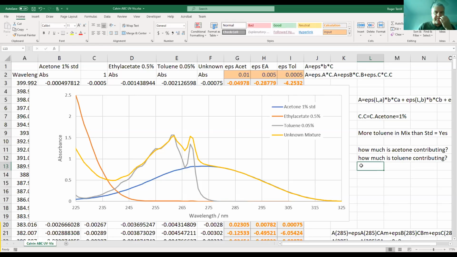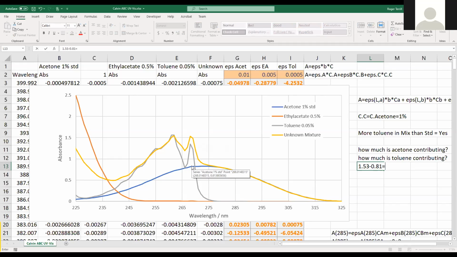So the contribution from toluene is going to be equal to this 1.53 minus 0.81 equals something. It's 0.73, 0.72.